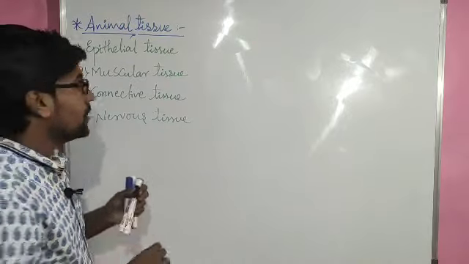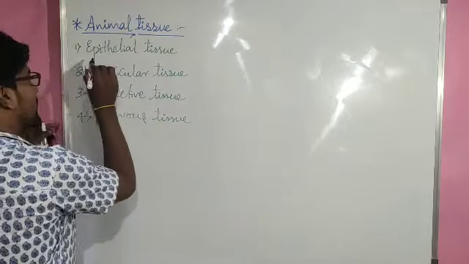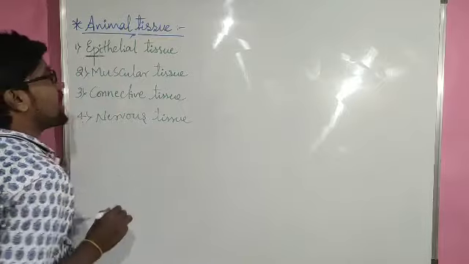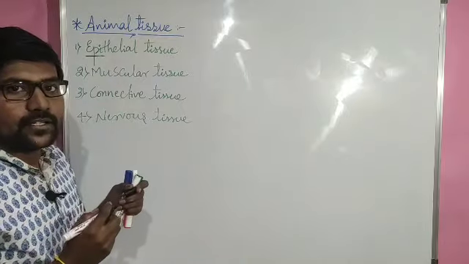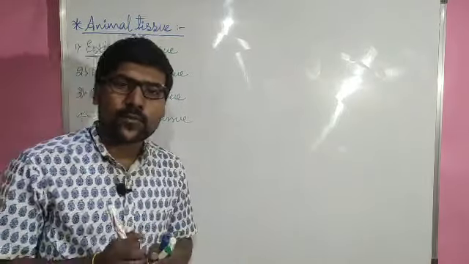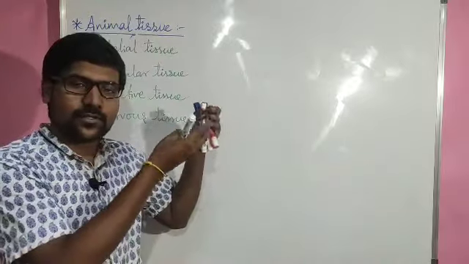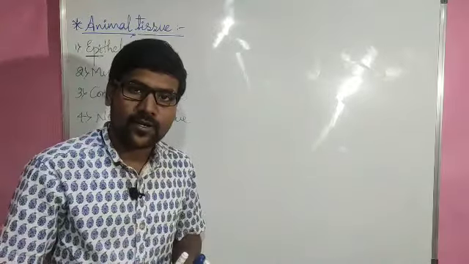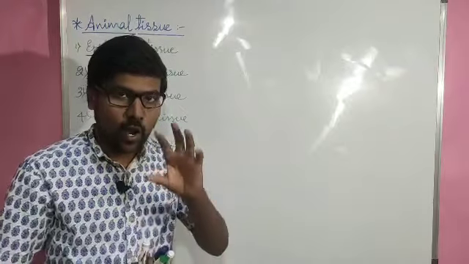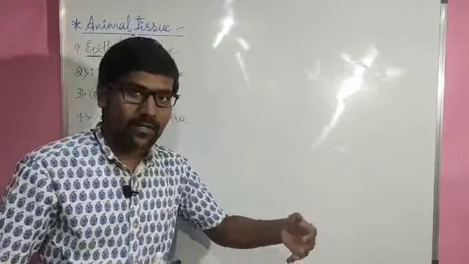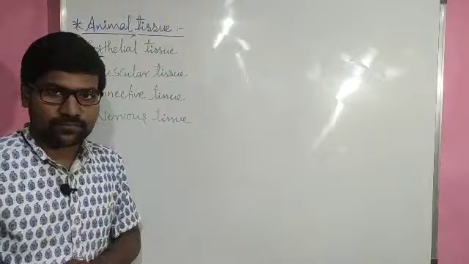Epithelial tissue, if we consider the first one, as I have already told you, epi means the upper one, the covering one. Which one is the skin of the plant body? In the class two classes back I explained that: epidermis. Just as we have epidermis in the plant, we have epithelial tissue here.